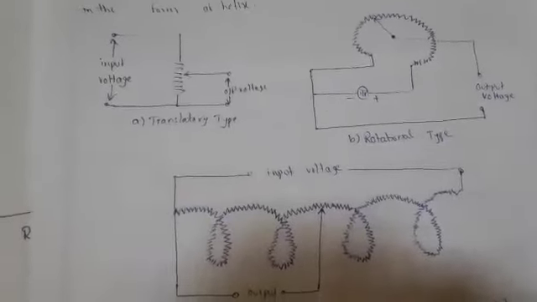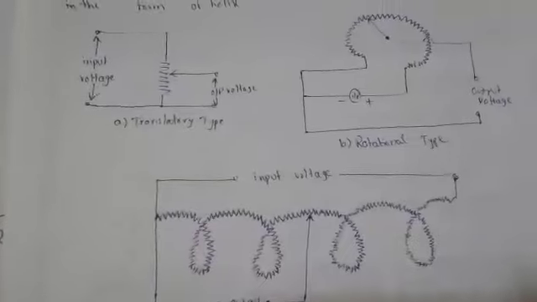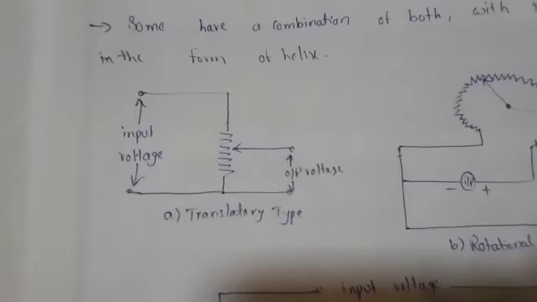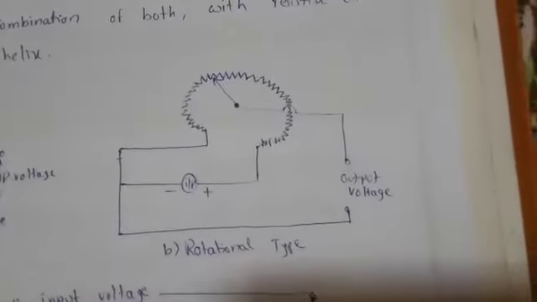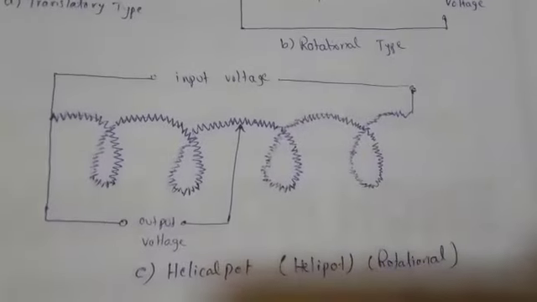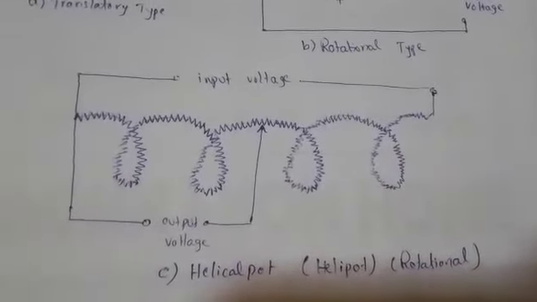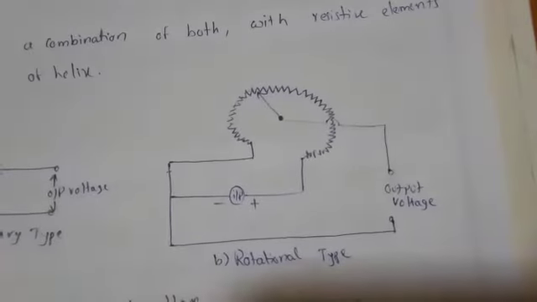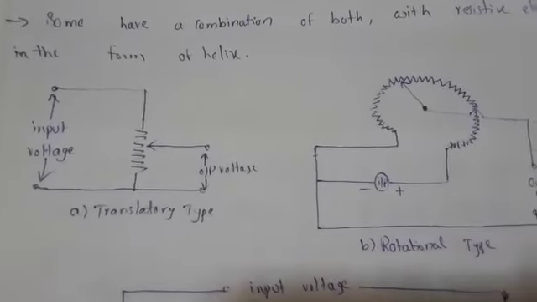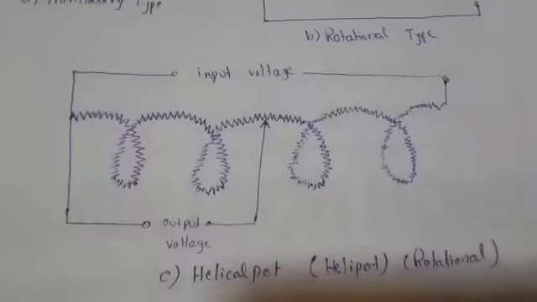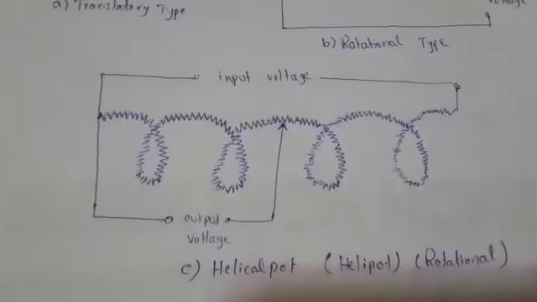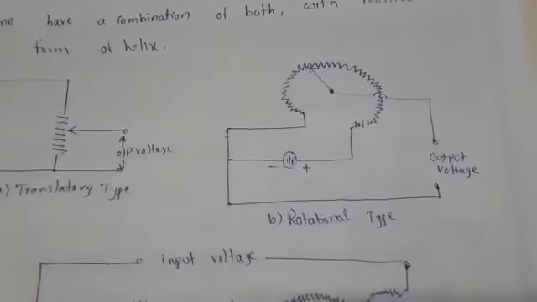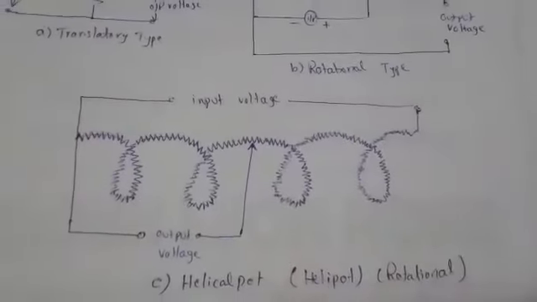So if you see this figure, here it is the translatory type, the second one is of rotational type, and the third one is the helical potentiometer. In translatory and rotational types, we have wipers. The last one, the helical, is a combination of both translatory as well as rotational type.